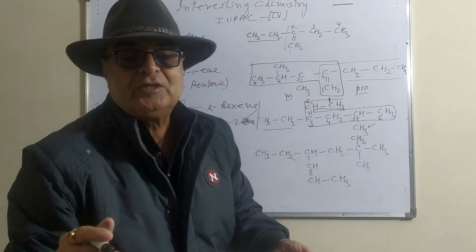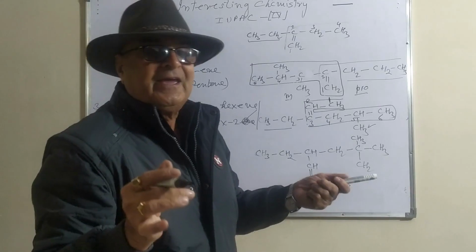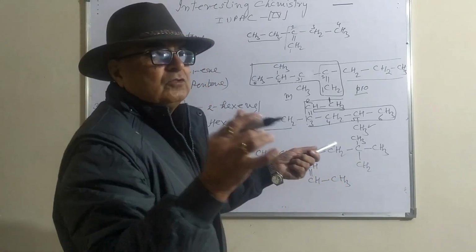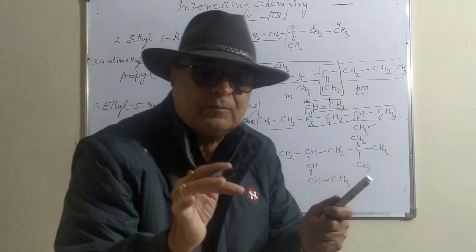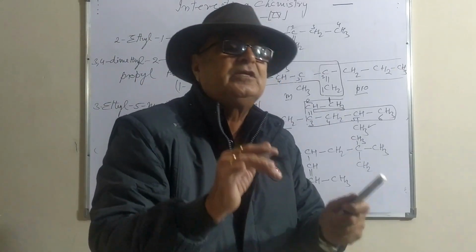There are 6 carbons in the longest chain. So hex is suffixed with ene to show the double bond.